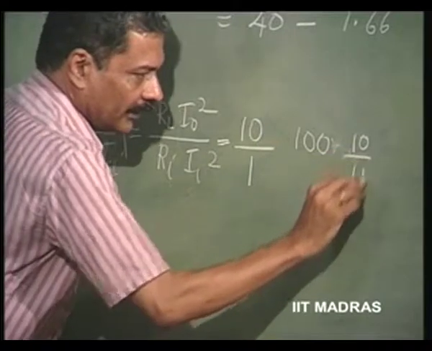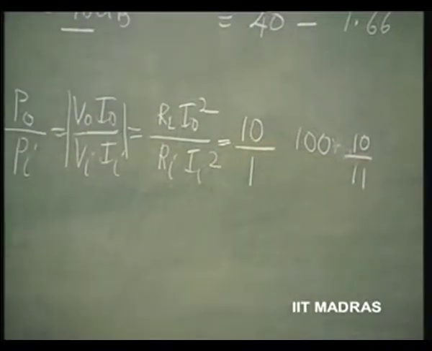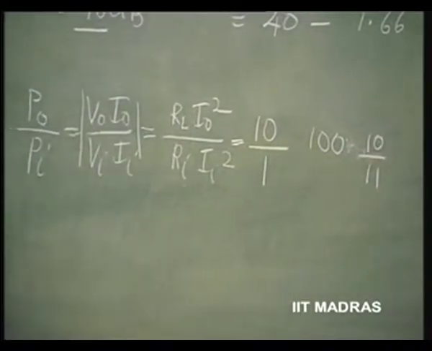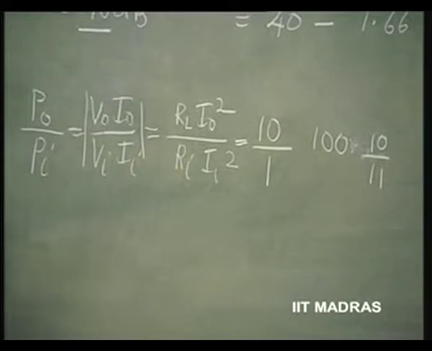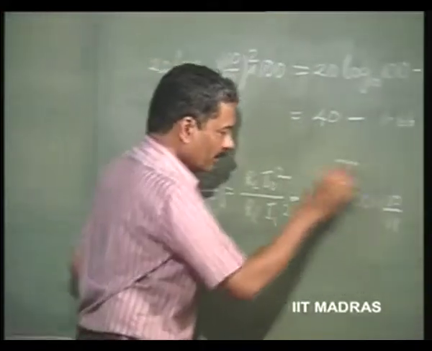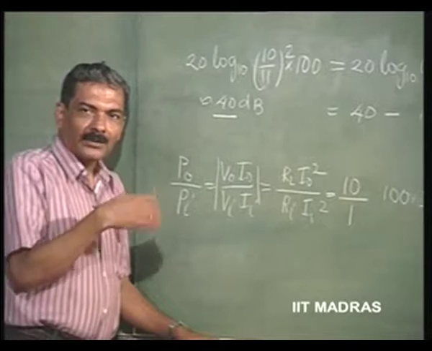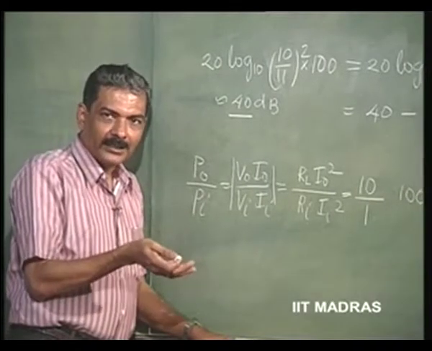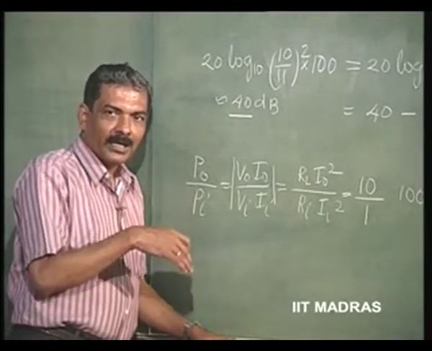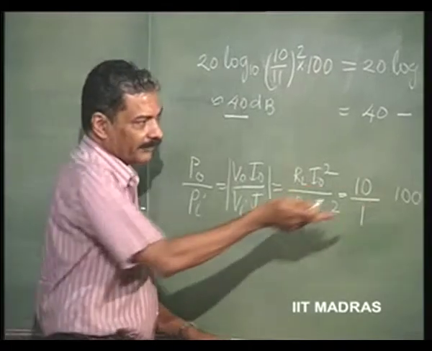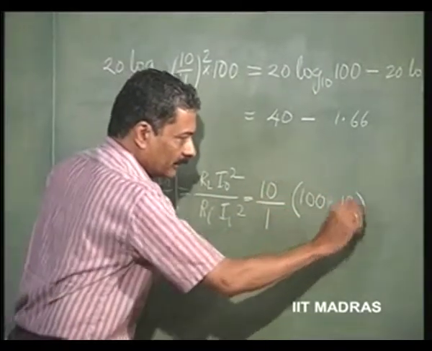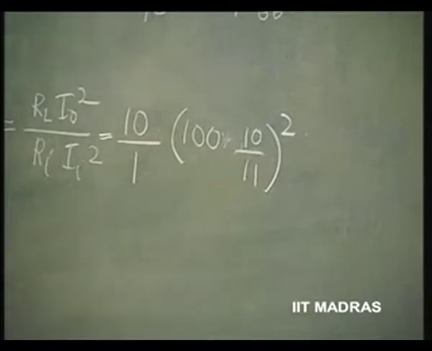This current gain is the current gain from input to output, not I naught over I s. That is what we had evaluated here. So, I naught over I I is nothing but the actual short circuit current gain of 100, then it gets divided between R naught and R L. So, that factor of 10 by 11, this squared.